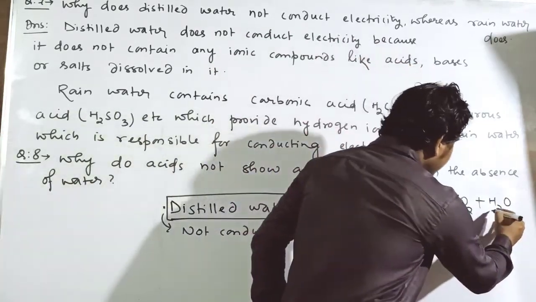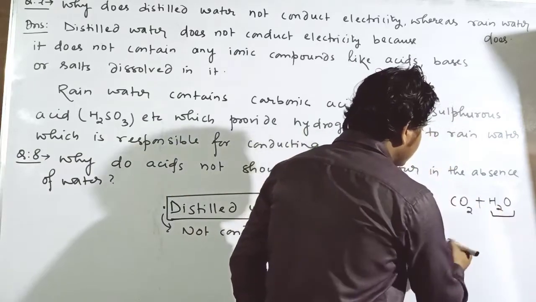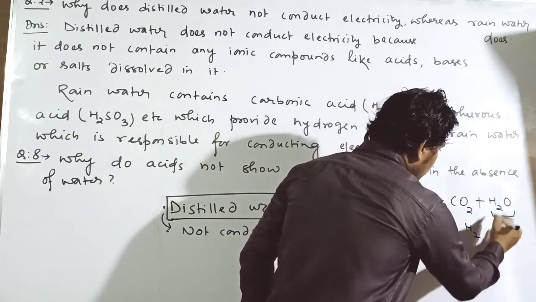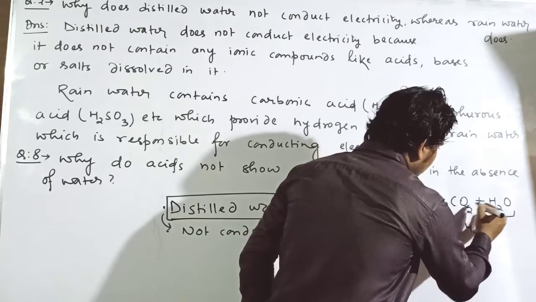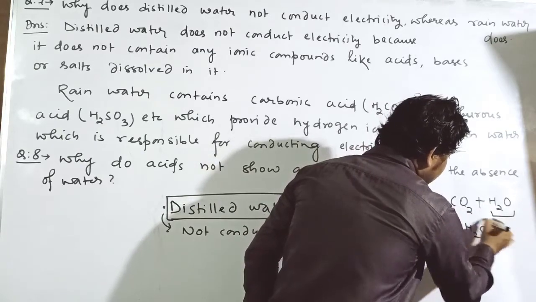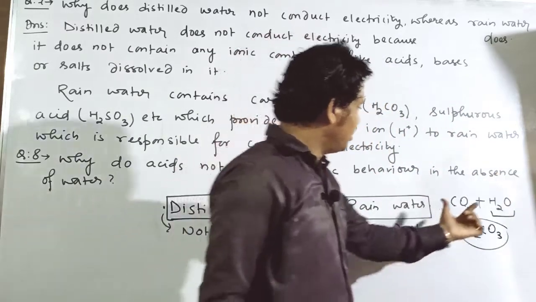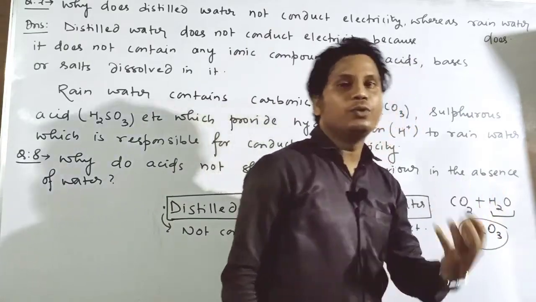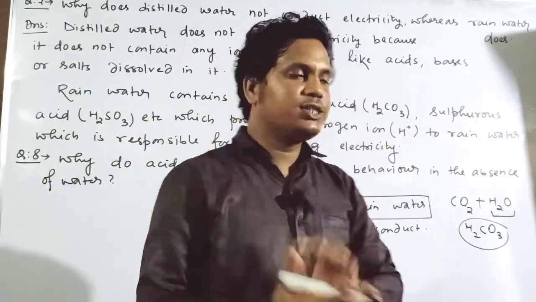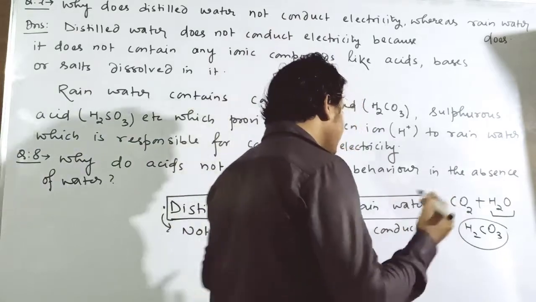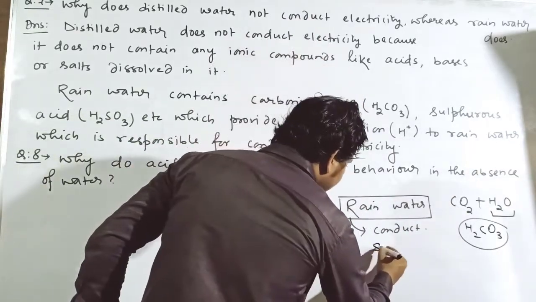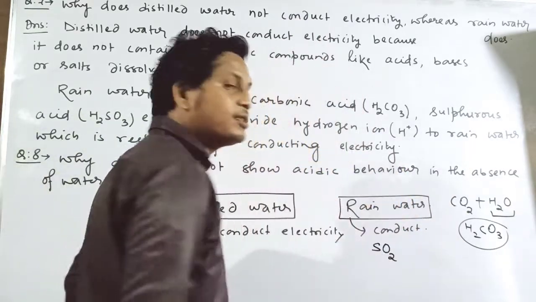If this rainwater mixes with carbon dioxide, it will form H2CO3, carbonic acid, because carbon dioxide gas is there in the atmosphere. Rainwater can mix with sulfur dioxide also.